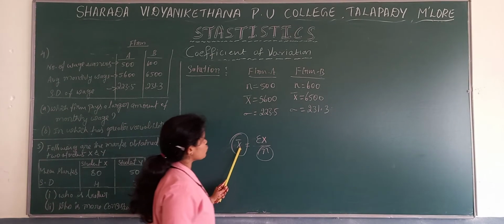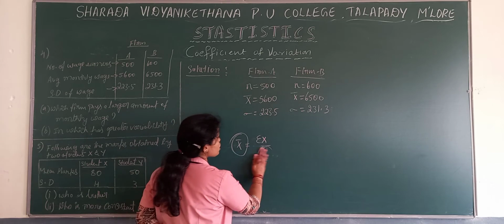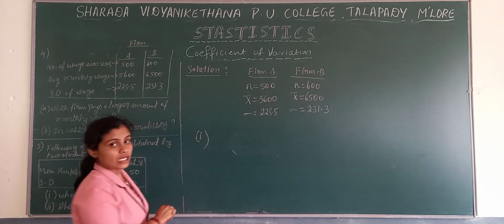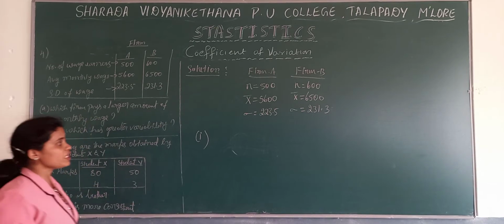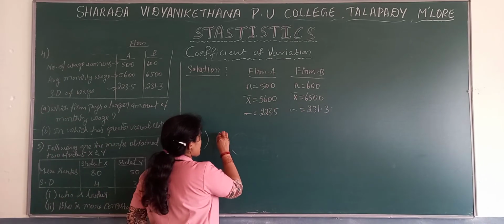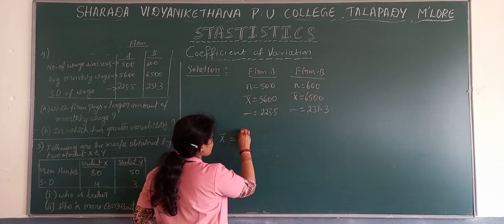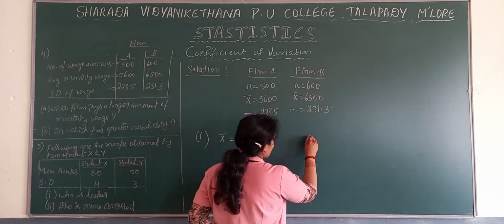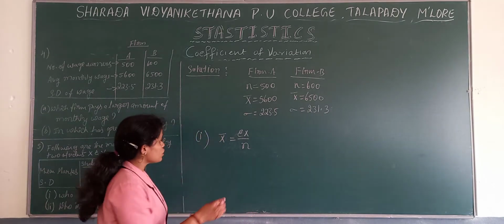So what do we need to do then? If we substitute into this particular formula, for the first question, take the arithmetic mean formula, x bar is equal to sigma x by n, and for firm B also we need to do the same thing.